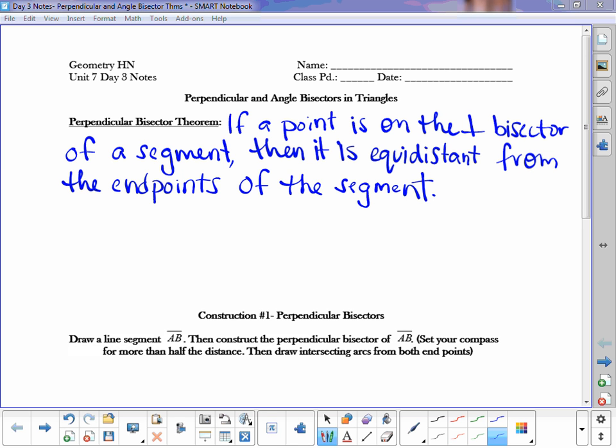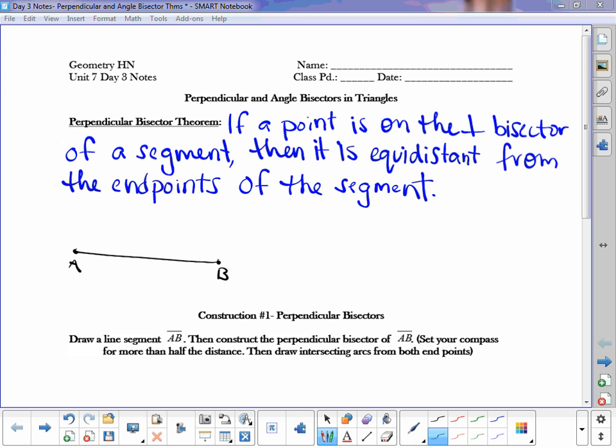So we're going to start off by drawing just a rough sketch to represent this, and then later we'll actually construct a perpendicular bisector and investigate. So let's start off by drawing just a little segment. And again, you can freehand this. We won't go too crazy with the segment AB. Do your best to draw the approximate perpendicular bisector.